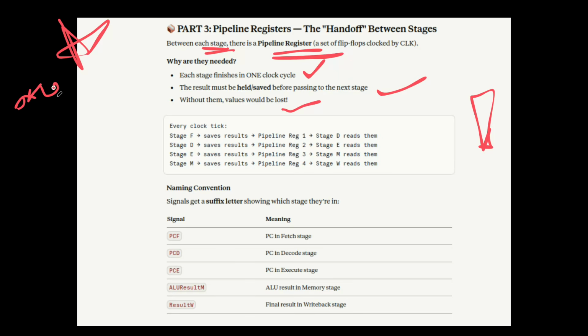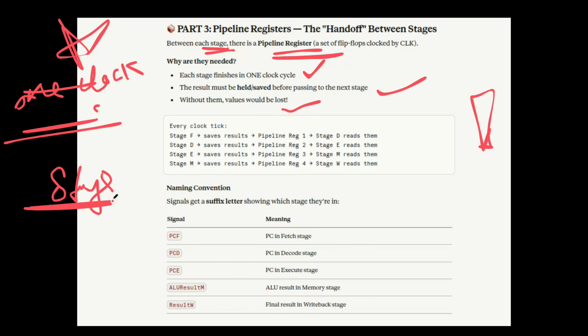So in one clock cycle, each instruction moves away from the stage it is in right now. One stage is completed in one clock cycle. So we have to store or hold the values of each of these stages somewhere. That is why pipeline registers are used. If there are no pipeline registers, these values will get lost.